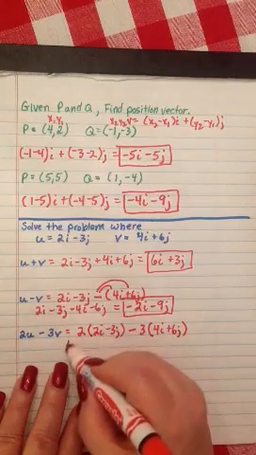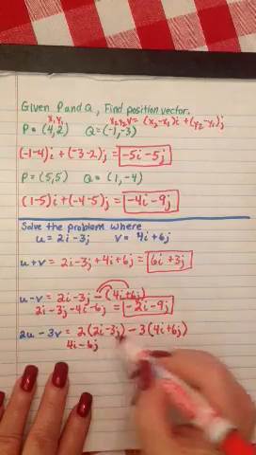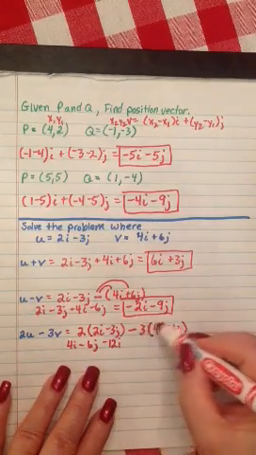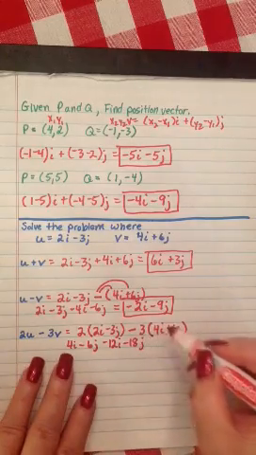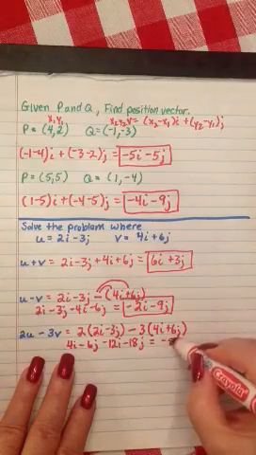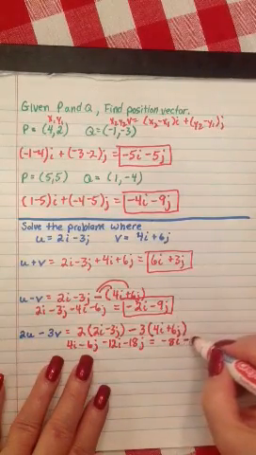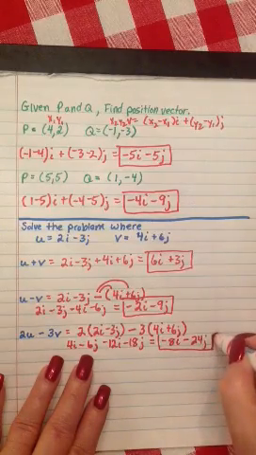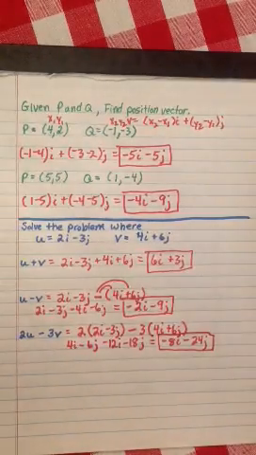So 2 times 2i is 4i, 2 times -3j is -6j, -3 times 4i is -12i, -3 times 6j is -18j. Then you just collect like terms. 4i minus 12i is -8i, and -6j and -18j, I believe, makes -24j. So your answer would be -8i minus 24j. Easy and fun.